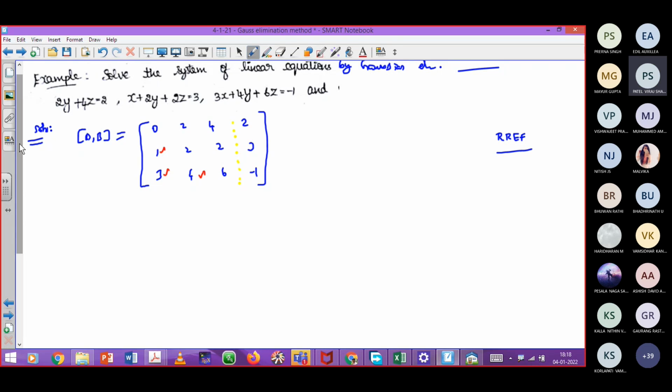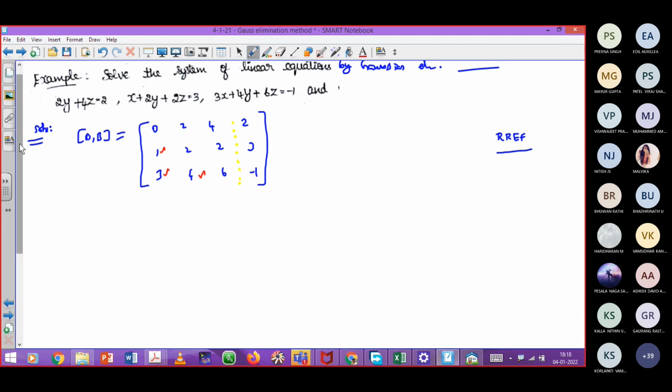Student: Sir, when we use the column properties, the B matrix position will change. Okay, that same answer was already given. Another reason: if we want to find the determinant at the end, it will be easy to calculate.